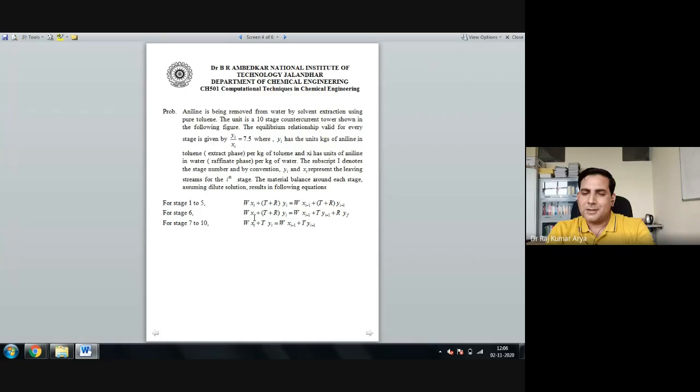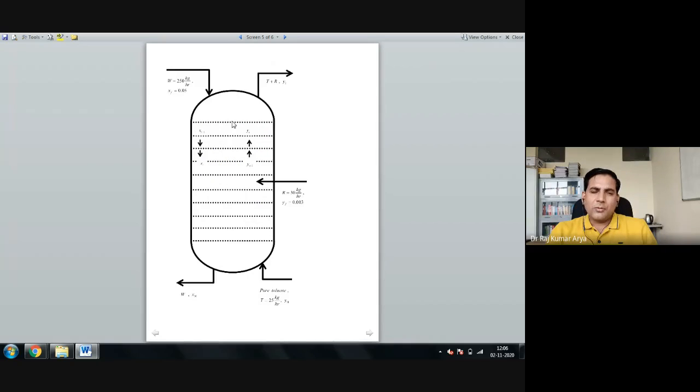Yes, sir. Okay. So all of you try to write the equation for plate 1 first. Then write plate 2, 3, 4, and 5, so that we can generalize in terms of I and J. We can write in terms of I and J, or we can write that separately, because it is not a generalized problem actually, but it can be generalized, because you can change your location of feed.